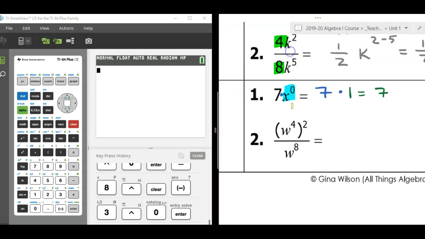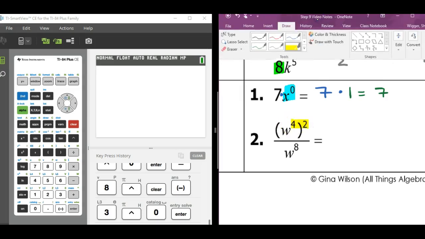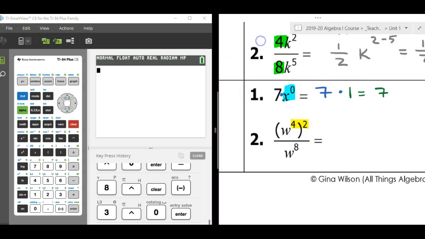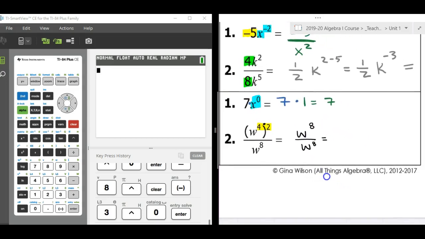Number 2, we've got to first simplify the numerator. We have a power rule, and the power rule is multiply the exponents. 4 times 2 is 8. So I have w to the 8th power divided by w to the 8th power.